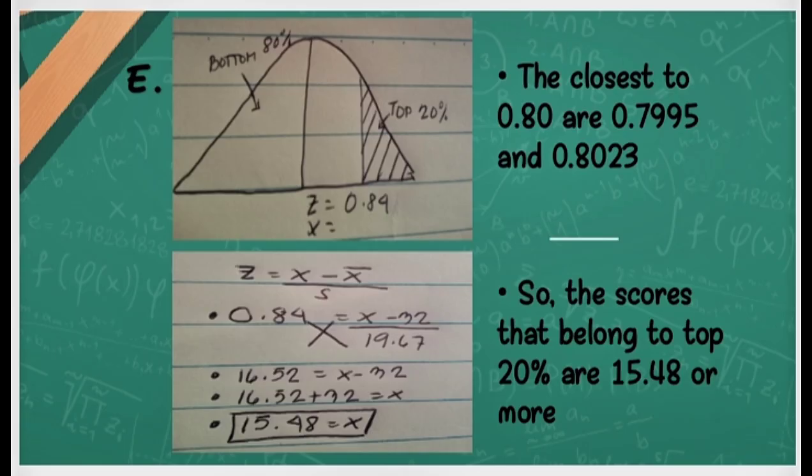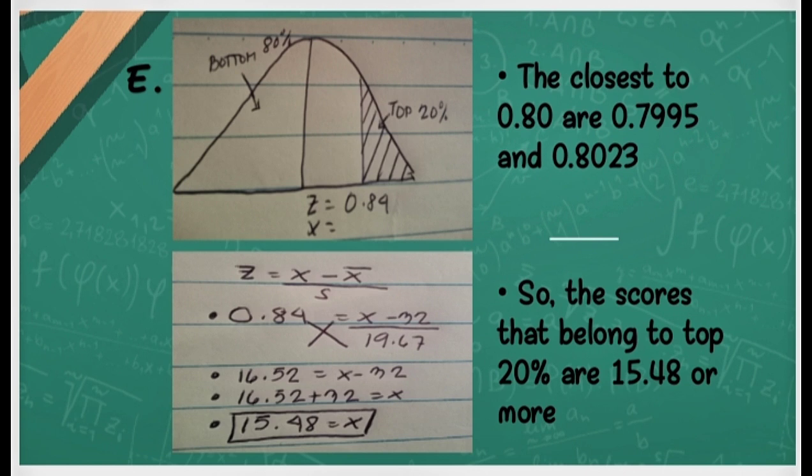Next, letter E. First, we need to find where 80% belongs in the given z table. It is 0.84. As you can see here in our PPT, the closest to 0.80 are 0.7995 and 0.8023. So, the score that belongs to the top 20% is 15.48 or more.